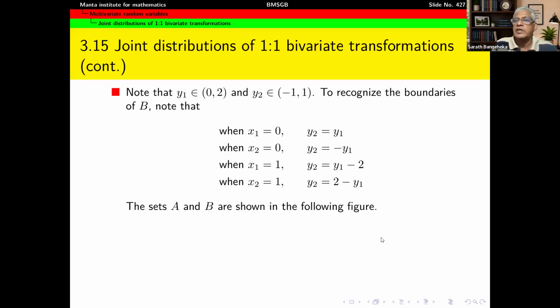And in that case, to find the limits, it is important to notice what is the domain, the support actually, of the joint density of y, right? So therefore, it's always good to look at this A and B, right? So in order to identify A and B, we will look at the boundaries of set A, and then to what lines or curves those boundaries convert by the transformation, right?